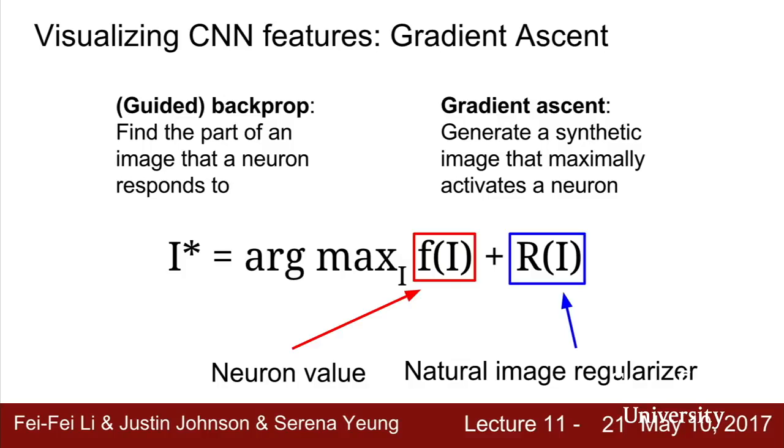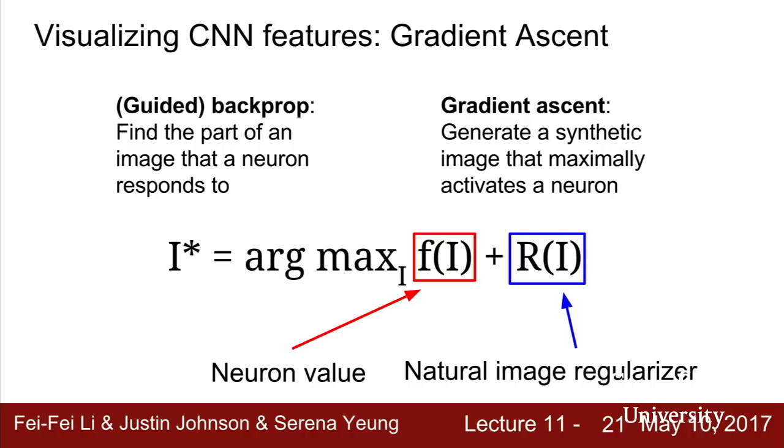But in addition, we need some regularization term. So remember, we've before seen regularization terms to try to prevent the network weights from overfitting to the training data. Now we need something kind of similar to prevent the pixels of our generated image from overfitting to the peculiarities of that particular network. So here, we'll often incorporate some regularization term, because we want our generated image to have two properties.